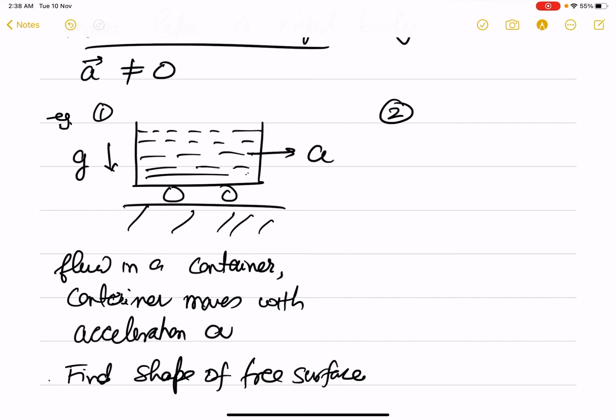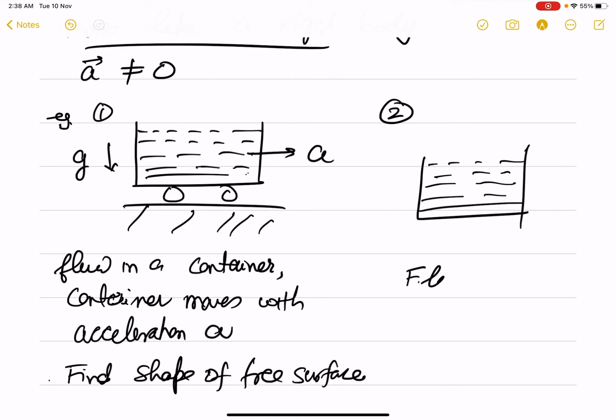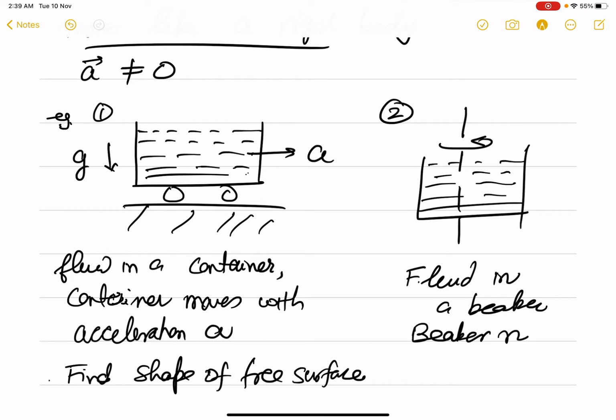The second example could be we have fluid, let's say in a beaker, and the beaker rotates about a vertical axis.